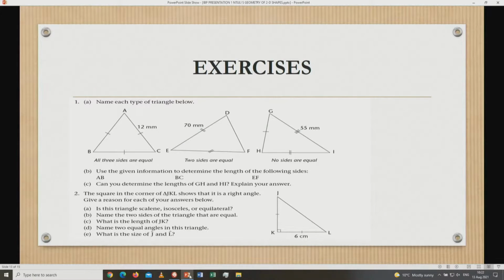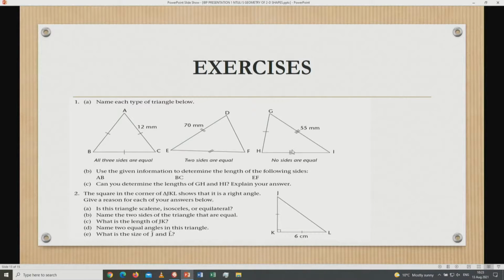And then we have triangle GHI. Let us check the sides.